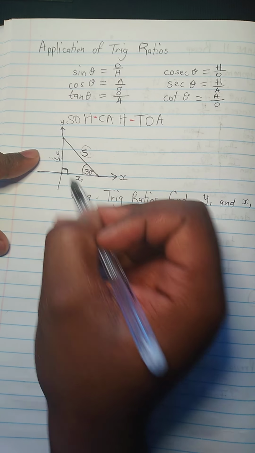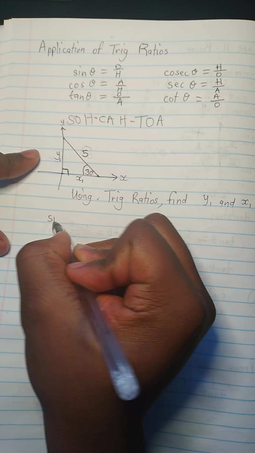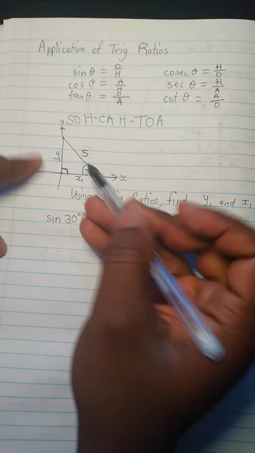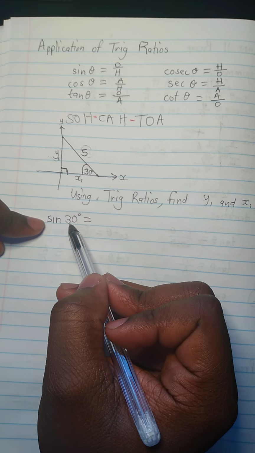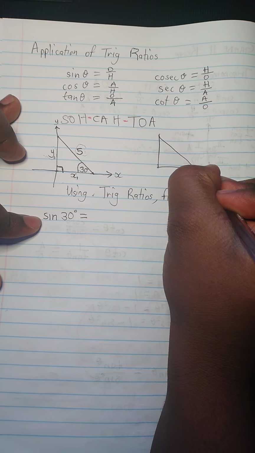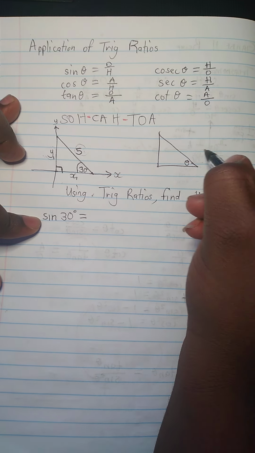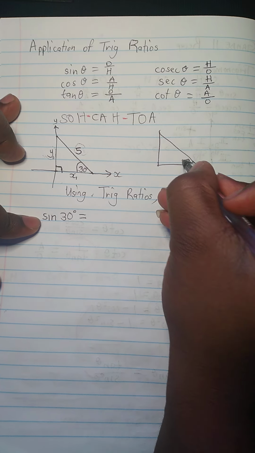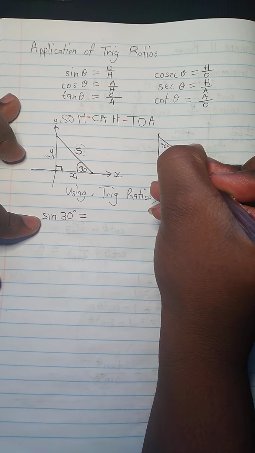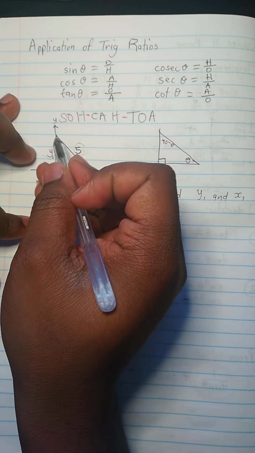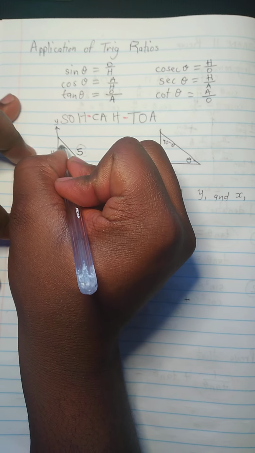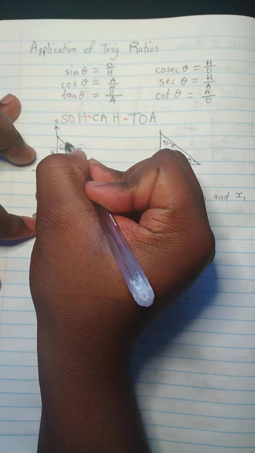So we're gonna say sine 30 degrees is equal to, why am I saying 30 degrees? You remember on the triangle that I used as our example in that previous video, we said theta here, this theta, 90 degrees, and then 90 degrees minus theta. So if you say 90 degrees minus 30 degrees, you're gonna find 60 degrees, right?